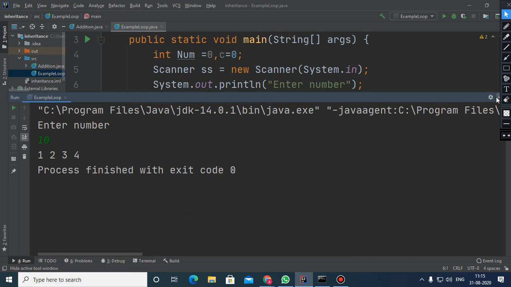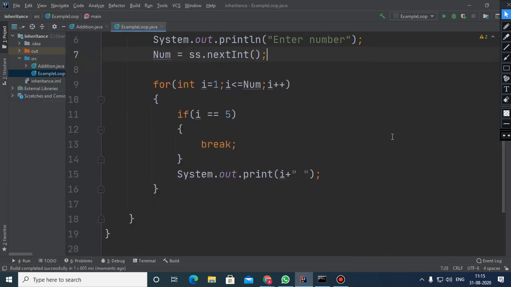What does break do? The break statement terminates the running loop. So when this loop gets terminated, the rest of the values will not get printed on the screen. Up to 4 we have printed, but when the value of I became 5, break will happen and it will terminate.